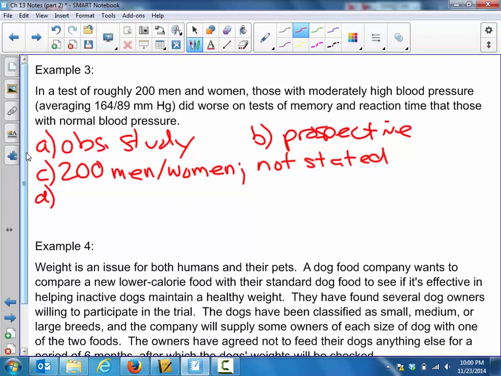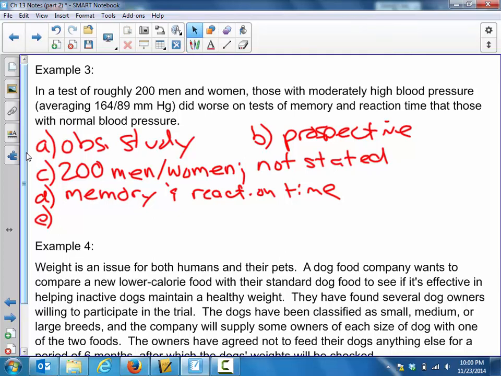Okay, D here. What are the parameters of interest? What are the things we're keeping track of that are changing with regard to this blood pressure? That would be the memory and reaction time. In E, they ask us how we can generalize. Well, I don't want to really write this out. Without randomizing, we can't generalize past these people because bias may be present.